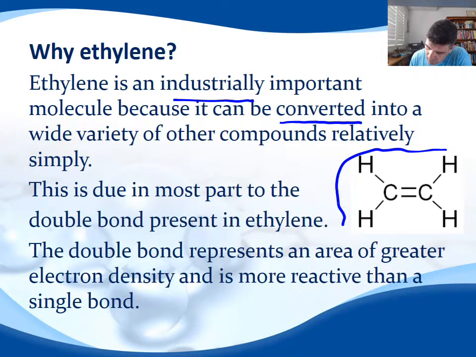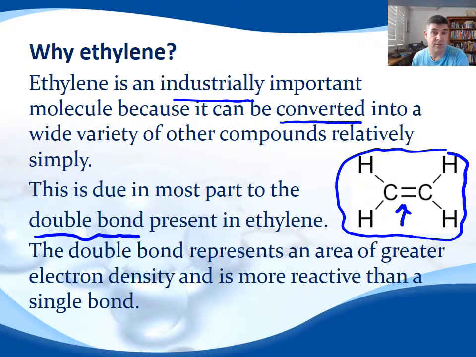Here is your ethene molecule, characterized by this double bond, this reactive double bond. That's really the key to why we have such a range of different compounds that we can produce from ethene. The double bond is very reactive, very unstable, and so a large number of processes can occur as that double bond breaks.